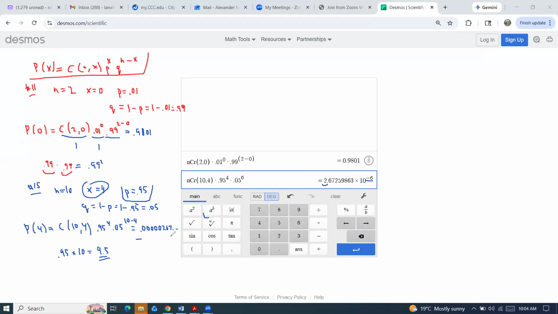It is not. It's too low a chance that you're going to get only 4 successes if you expect to get 9.5. What is 9.5? Is it 9 or 10? Well, it's in between. So I should get 9 successful results if I repeat the experiment 10 times, or I should get all 10 of them, because the chance of success is pretty high.